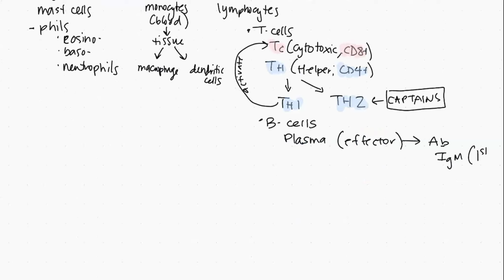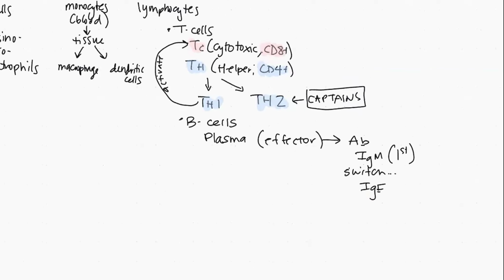Then we will class switch to either IgE, which we usually see in parasitic responses, IgA, which we see in mucosa, or IgG, which is our workhorse antibody. We make the most of IgG, and it works the hardest for us. So those are the main antibodies that we can make.